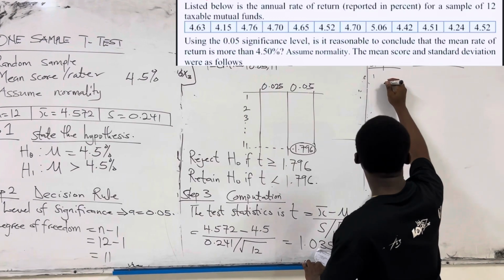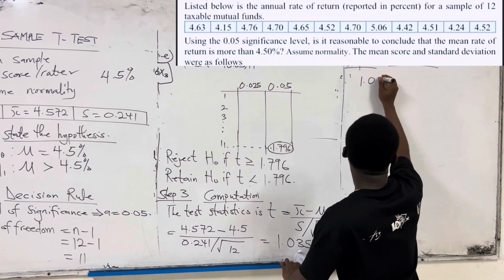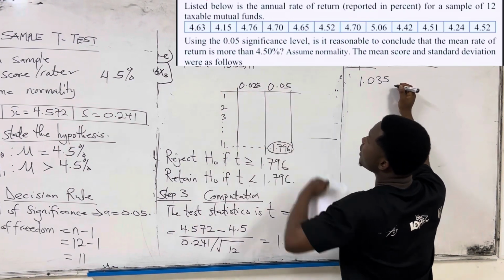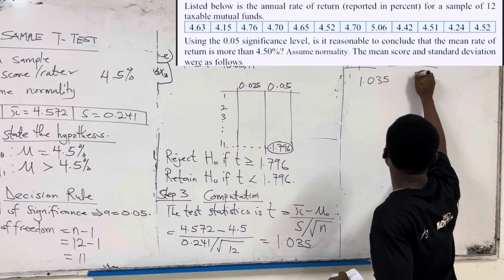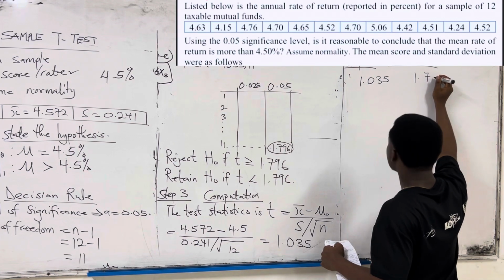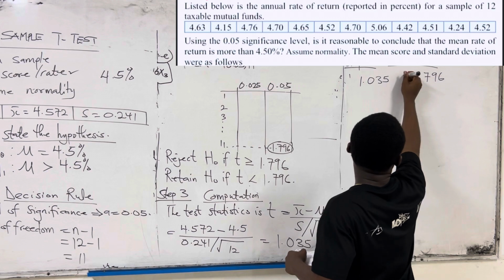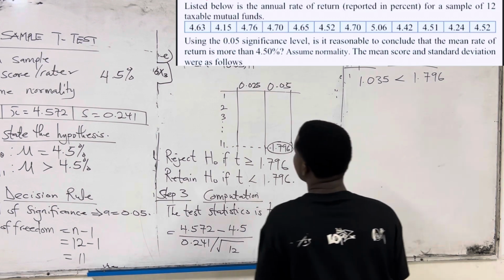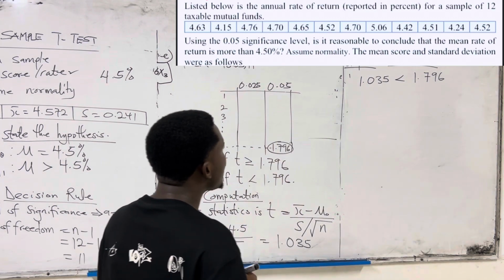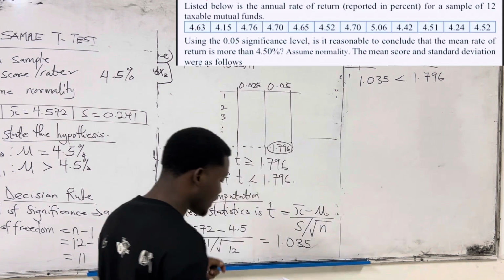So with this one, you will state we have the t value to be 1.035, and we have the t critical value, which is 1.796. So it's less than the t critical value. So it means we have to accept the hypothesis.